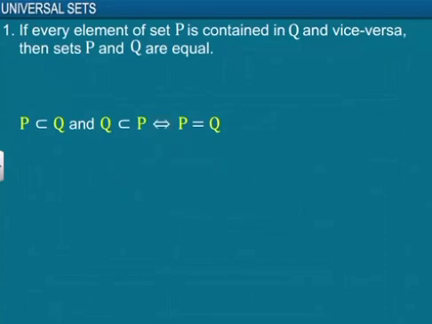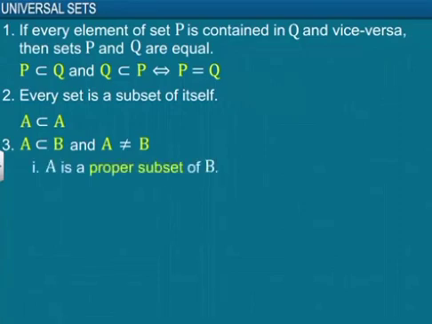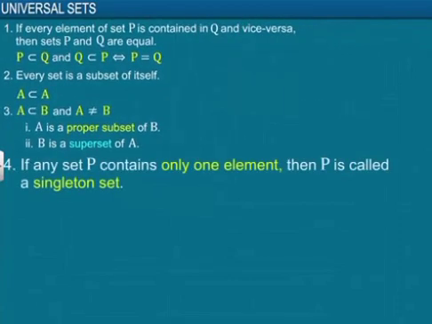The next observation is that every set is a subset of itself. This is symbolically written as shown. The third observation is that if a set A is a subset of B and A is not equal to B, then A is called a proper subset of B, and B is called the superset of A. If any set P contains only one element, then P is called a singleton set.